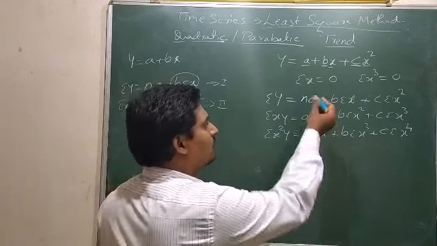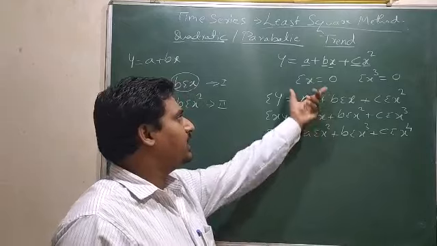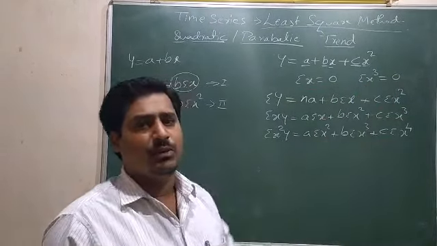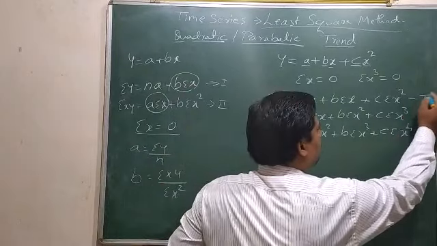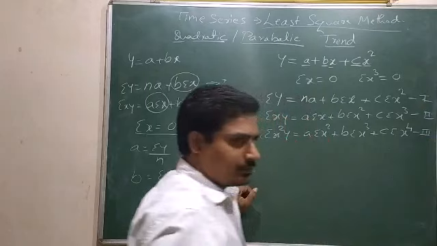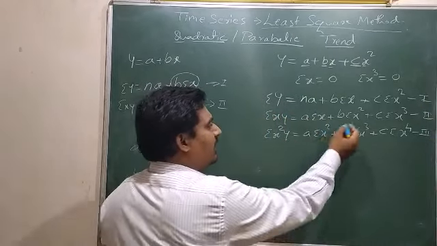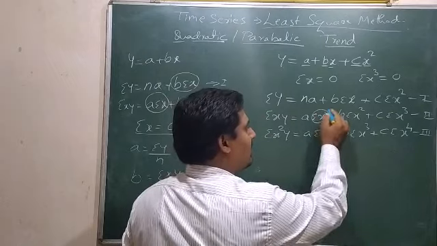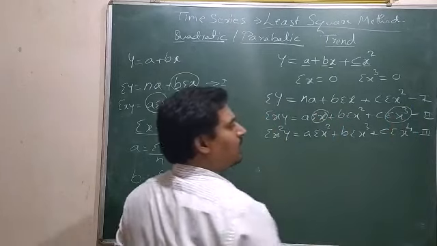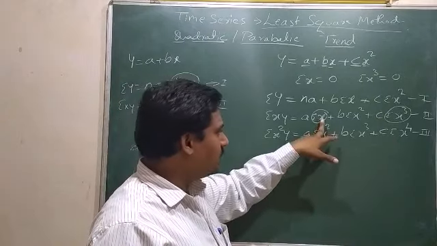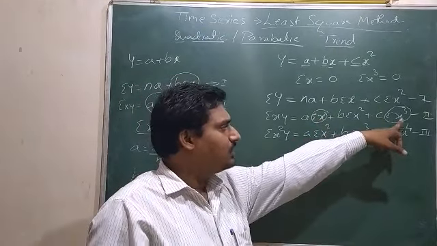Okay. Now how to solve them? By putting summation x and summation x cube equal to 0 in these equations. So first I will take the second equation, where summation x and summation x cube both are there, and they are 0. So a into 0 is 0 and c into 0 is 0.